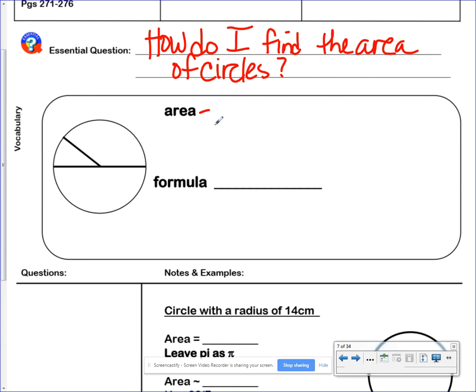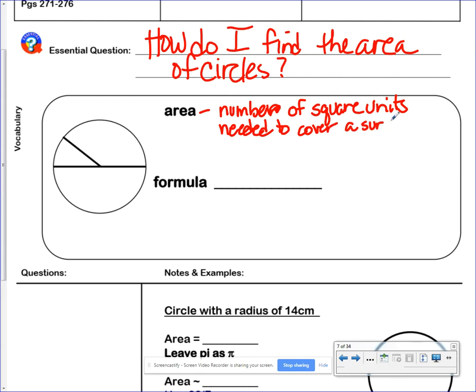When we get into area, now we're measuring in square units. So let's put it this way: area is the number of square units needed to cover a surface.